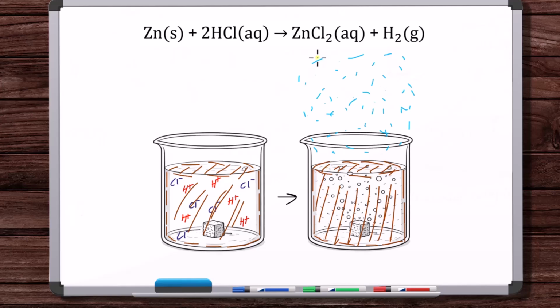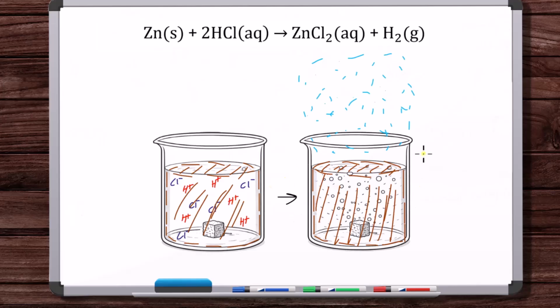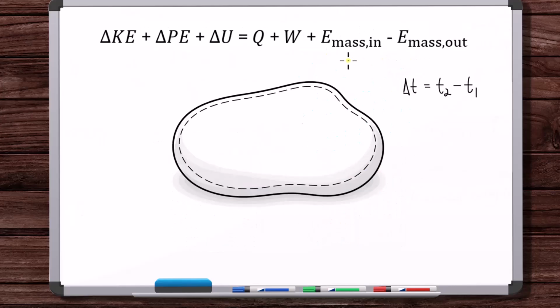And so like we just talked about, with respect to the first law, mass crossing the control surface, the H2 gas in this case, does correspond to a form of energy transfer across the control surface, either into or out of the system, depending on if the mass is entering or leaving. So therefore, with the system defined this way, these mass transfer terms wouldn't be zero because, again, H2 gas would be leaving the system across the control surface.